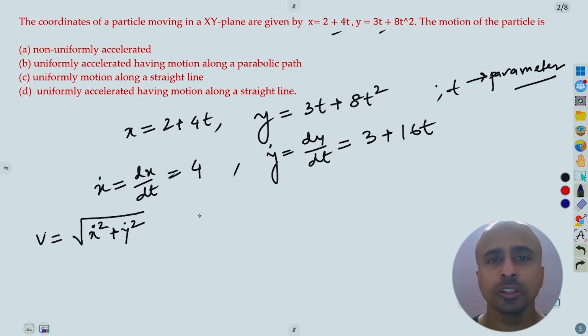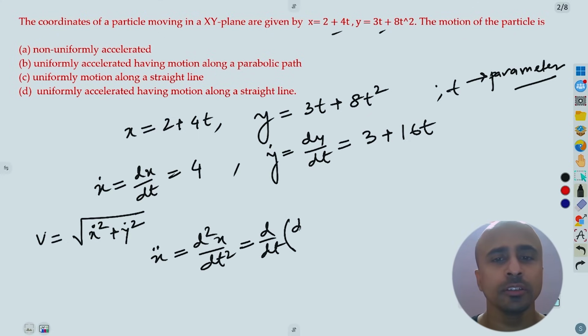So here the options are about uniform acceleration or not, okay. But in order to evaluate acceleration, we need x double dot and y double dot. So what is x double dot? X double dot is d2x/dt2, that is d/dt of dx/dt. This is 0, right?